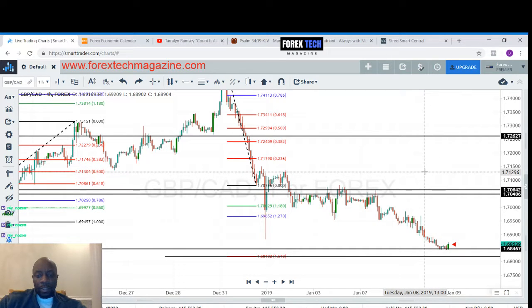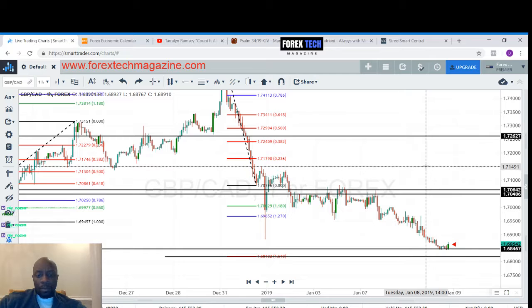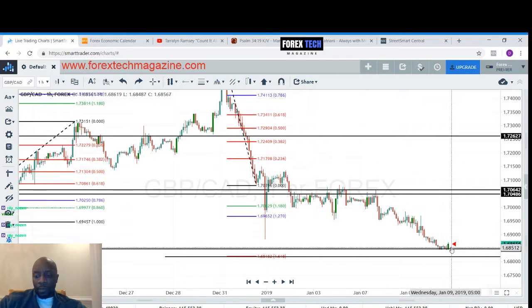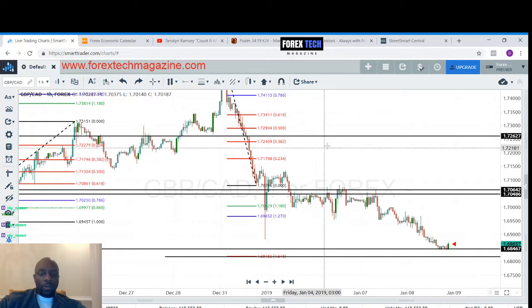And right now, at the bare minimum, our stop loss would be back up here by our C retracement, and that's way more than 30 pips, so your risk to reward will be way off. Although you do have the potential to get that 30 pips, there are better trades out there. Let's just be honest, okay?